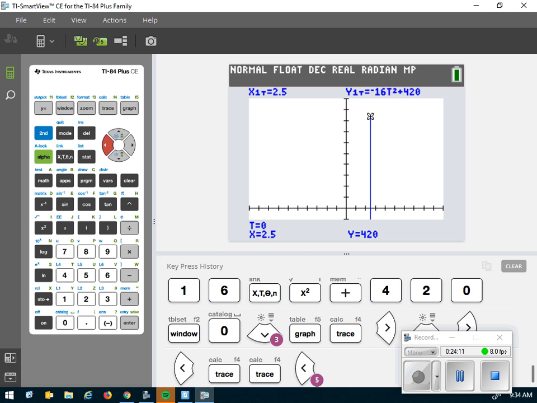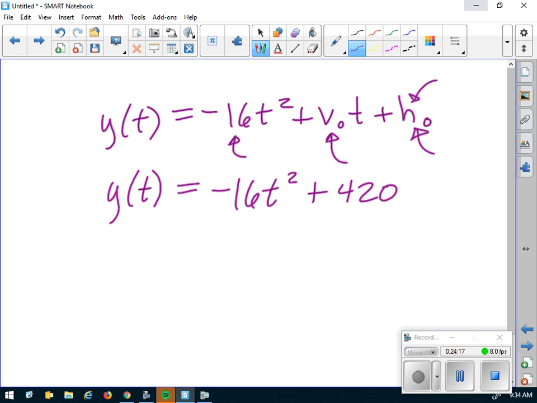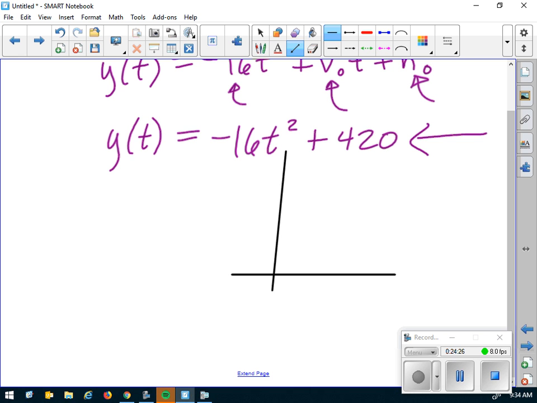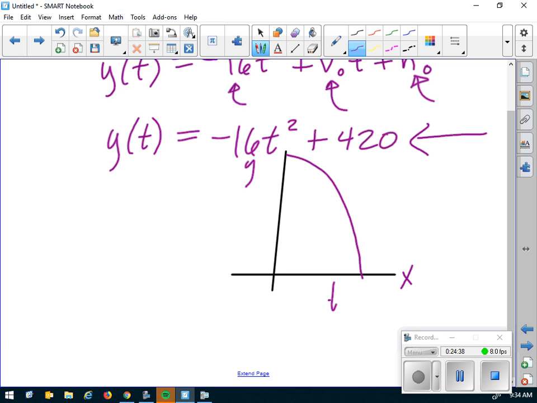Do you remember when you were learning stuff like this at the beginning? And I don't mean the beginning of this class, I mean like Algebra 2, maybe Algebra 1. And you'd get a graph like this, and your teacher would say, now that's not the path that the rock follows. Do you remember that? If this is x and this is y, the x stood for time, and the y stood for height.